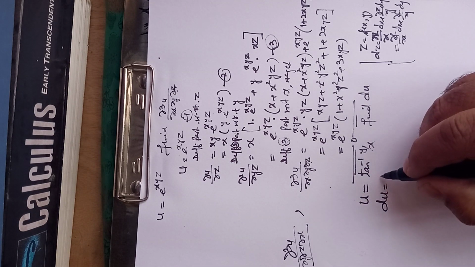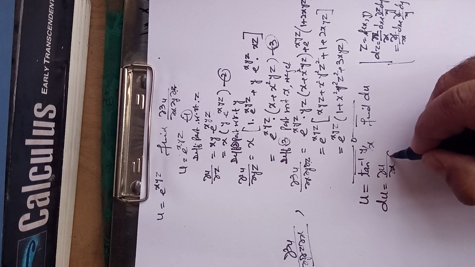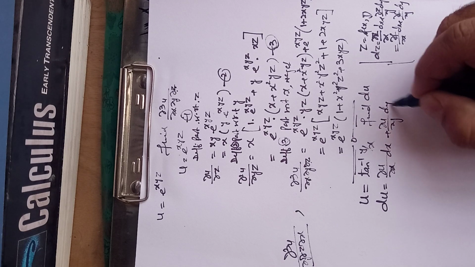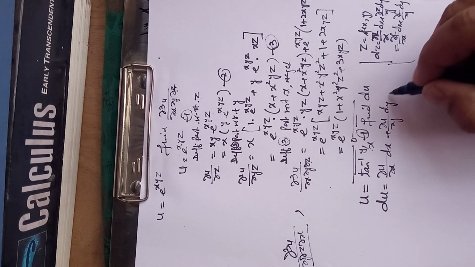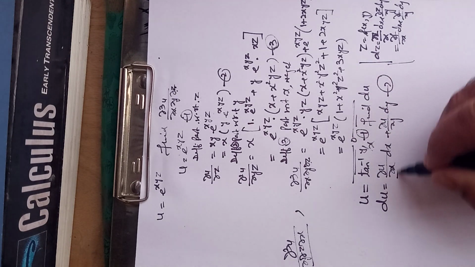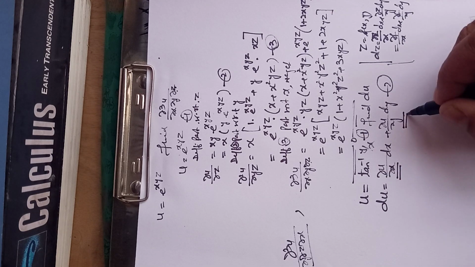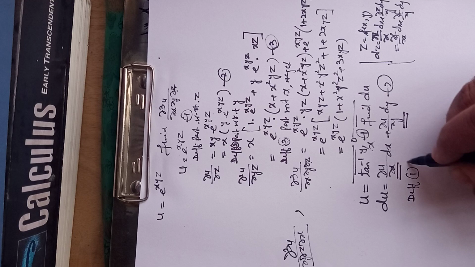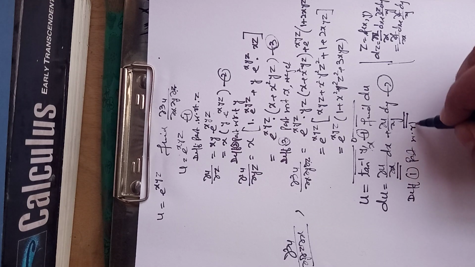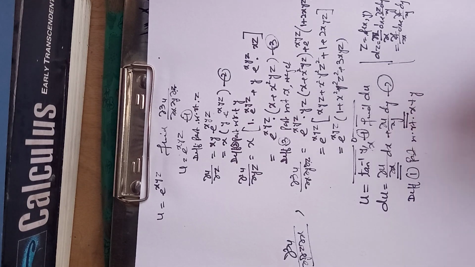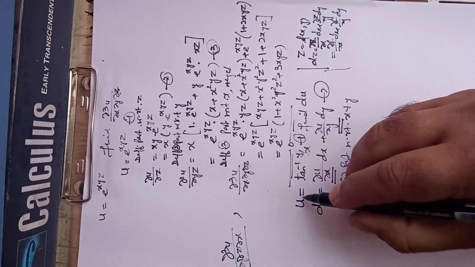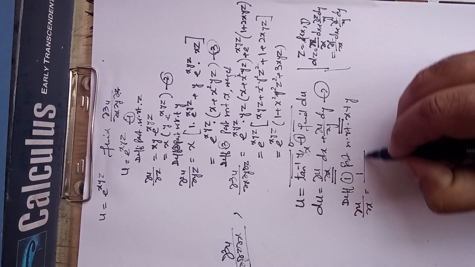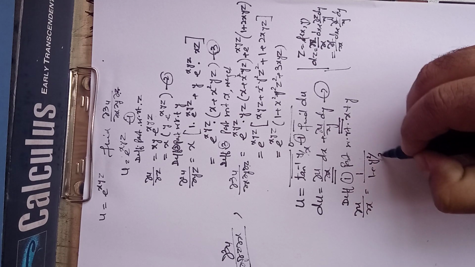du will be ∂u/∂x dx plus ∂u/∂y dy. This is 1, this is 2. What I have to find is ∂u/∂x and ∂u/∂y. Now let me differentiate 1 partially with respect to x and y. What I will get, ∂u/∂x, tan inverse function, 1 upon 1 plus function square.